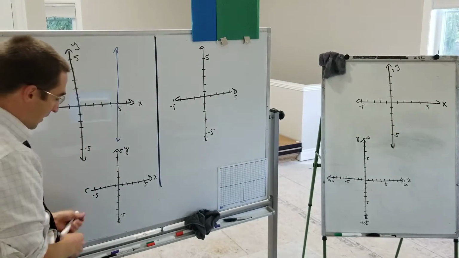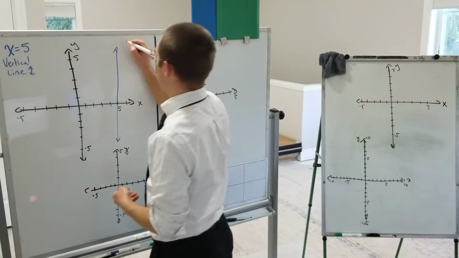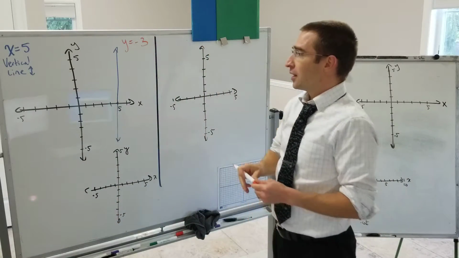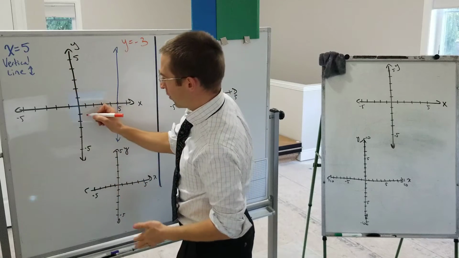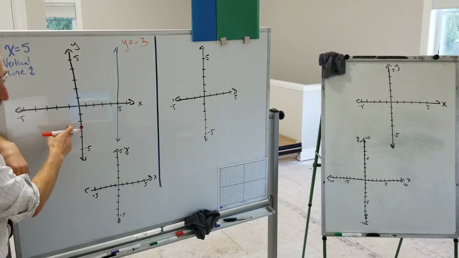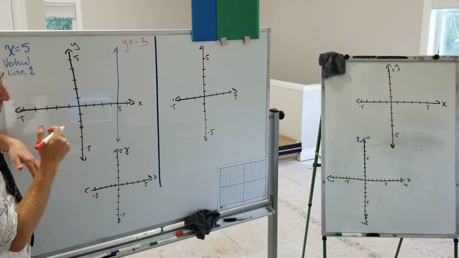Now, if I'm going to graph the line y equals negative 3, I'm going to do that in orange. I go to my y-axis, and I'm like, where is it negative 3? 1, 2, that's right here. And I don't want just the point (0, negative 3), I want the line y equals negative 3.